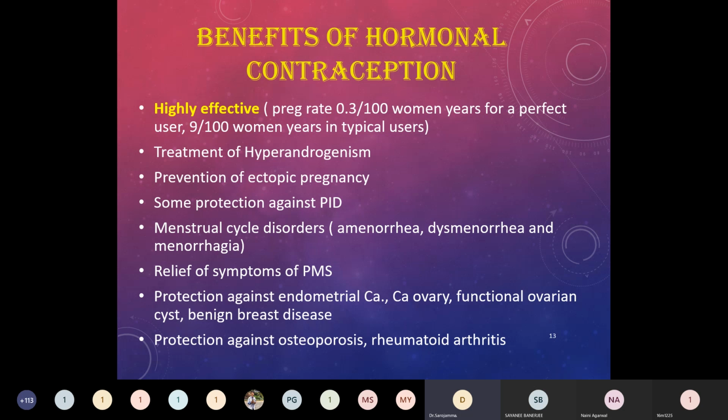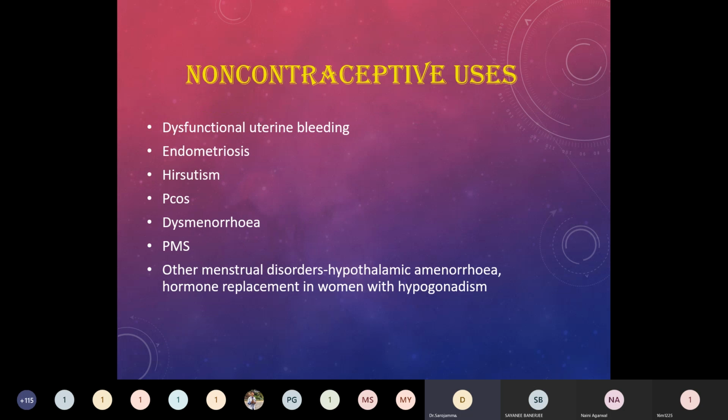It is protective against endometrial cancer, cancer of the ovary, functional ovarian cyst, and benign breast disease. Protection against CA ovary is very well established because it prevents ovulation. Protection against osteoporosis and rheumatoid arthritis is because of the estrogen component in the combined oral pills.